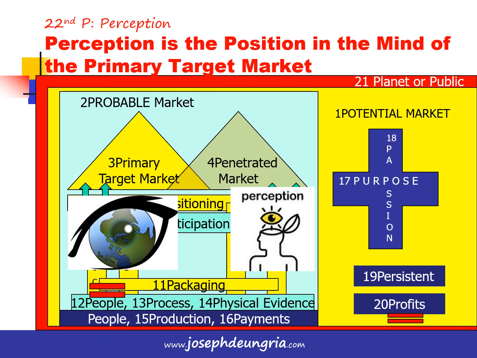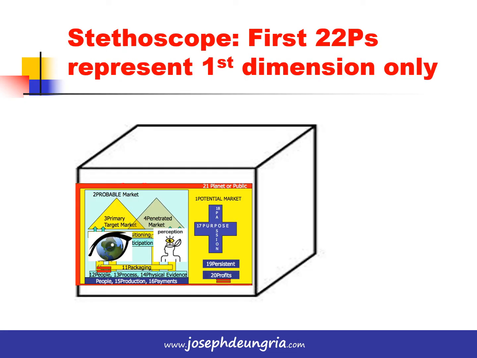Okay. So where do we put perception in our diagram? It influences here in the mind of the primary target market. So this perception. Okay. Now the first 22 P's until perception is only the first dimension of, if you can imagine, a cube, a Rubik's cube of the marketing stethoscope.